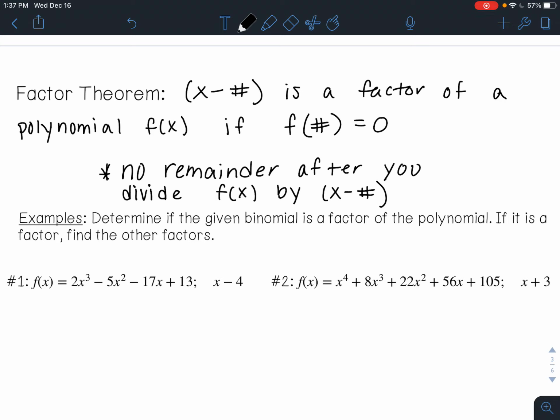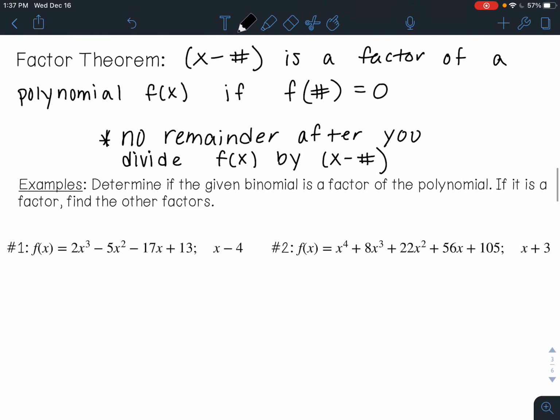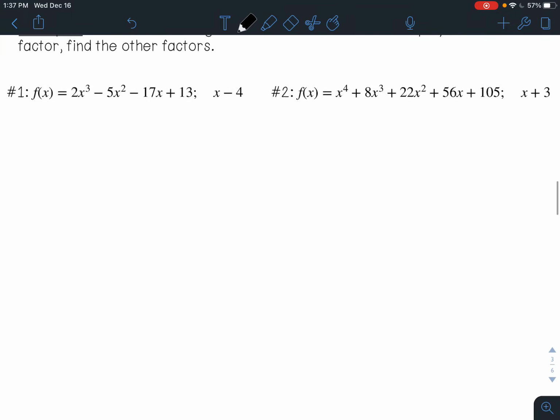So really what this factor theorem allows us to do is to use synthetic division to quickly check if something is a factor. And if it is a factor, it allows us to break down polynomials into smaller pieces, which are oftentimes easier to work with and allow us to solve for the other x-intercepts. So we're going to do 2 examples for this. We're going to determine if the given binomial is a factor of the polynomial, and if it is a factor, we're going to break down the polynomial to find the other factors.